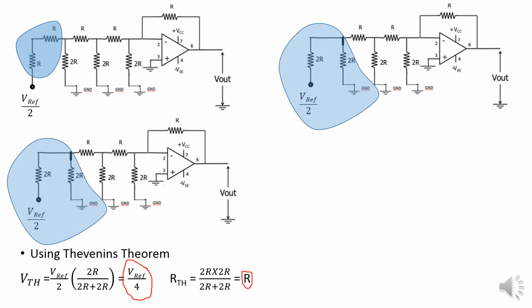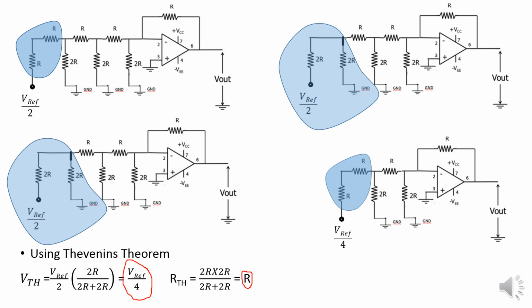Okay. So now again the circuit is reduced to R and R with V reference by 4. This parallel combination is reduced to RTH and VTH. Okay. So again that is connected to a series resistance of value R. So again using Ohm's law, this will be 2R.